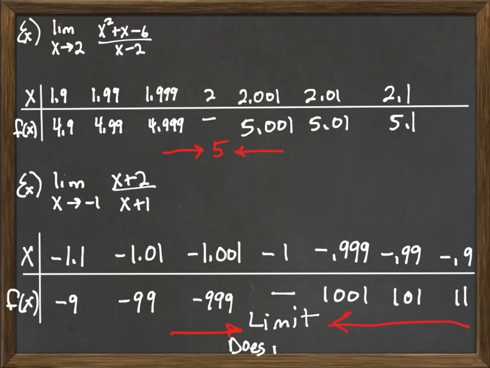So we say the limit does not exist, which we'll often abbreviate as capital D, N, E for does not exist. It's not approaching anything. In fact, on the left it's getting really small in the negative direction, going down, down, down, and on the right it's getting really large in the positive direction.